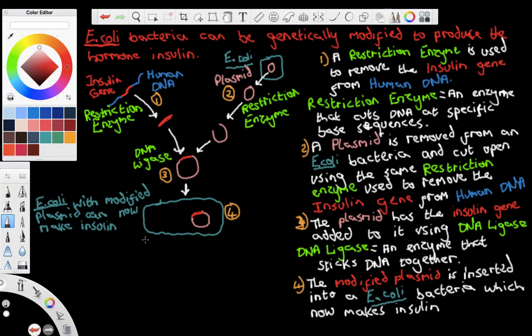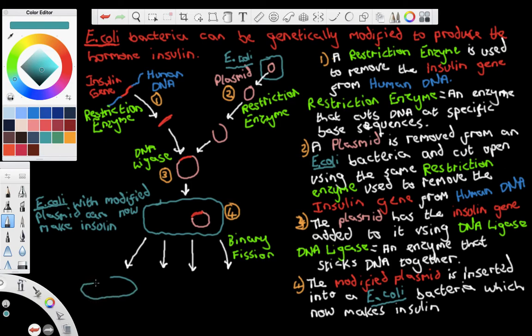Now the bacteria will then divide. It will go through binary fission. Again, if you don't know what it means, you need to look back at your notes for cell structure, particularly bacterial cells. So binary fission. And it'll form lots of E. coli bacteria, which all have this modified plasmid in it, and they can all make insulin.